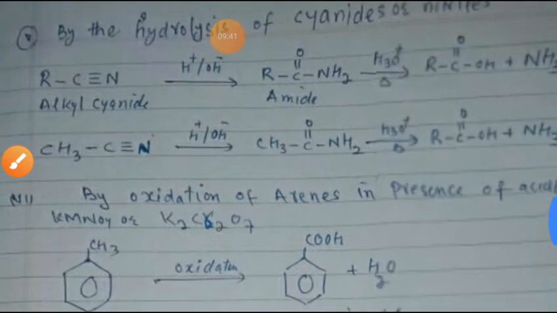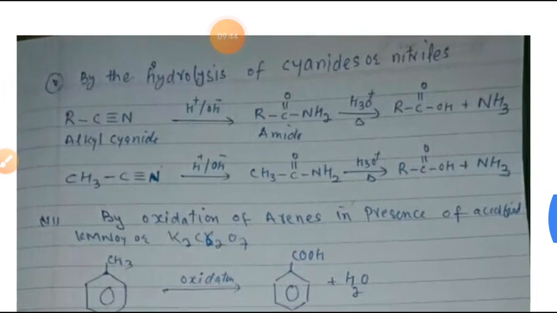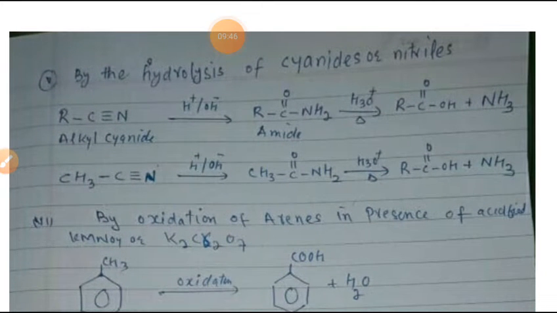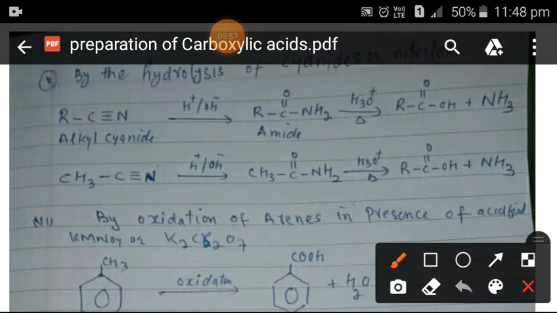Similarly, we can also prepare carboxylic acid by the hydrolysis of cyanides or nitriles. Clear? Here, by hydrolysis of cyanides or nitriles, we have taken alkyl cyanides. Clear? So actually what happens here is that in presence of water, the actual mechanism of the reaction is somewhat different, but in water we have two hydrogens and oxygen.